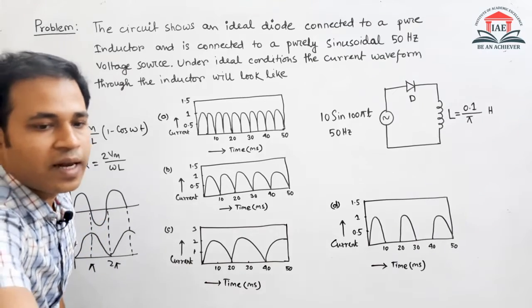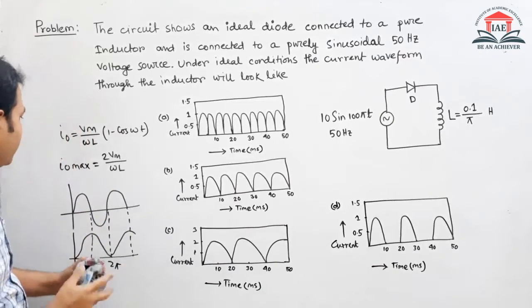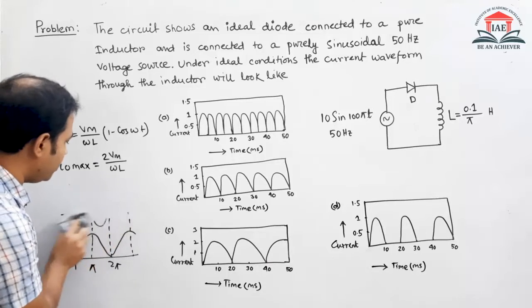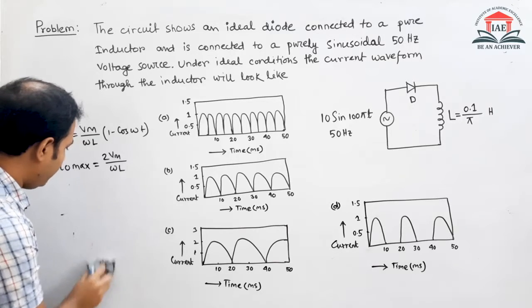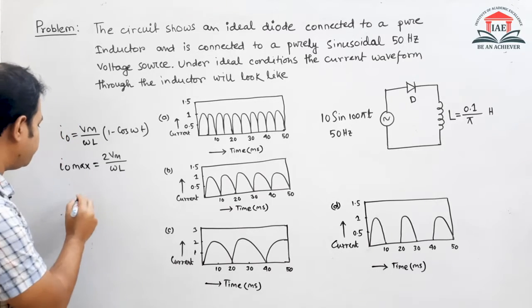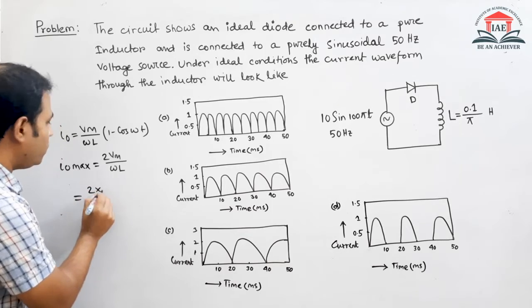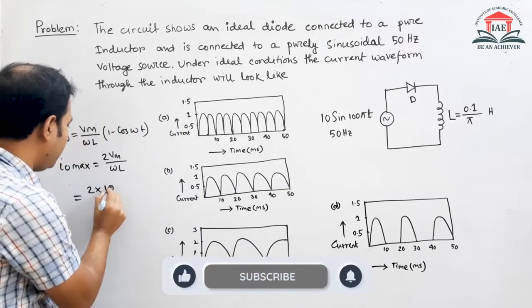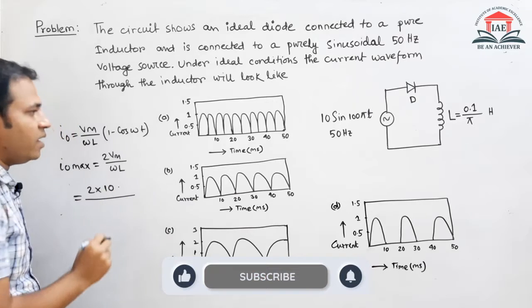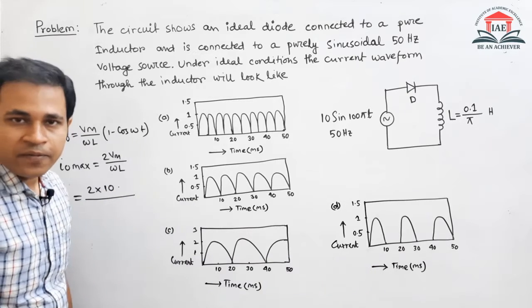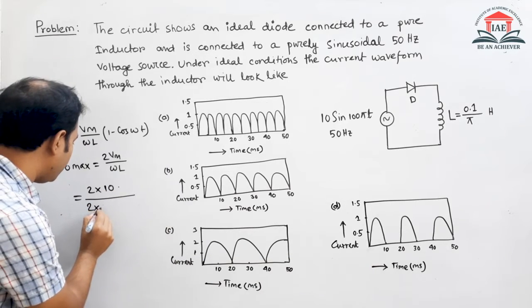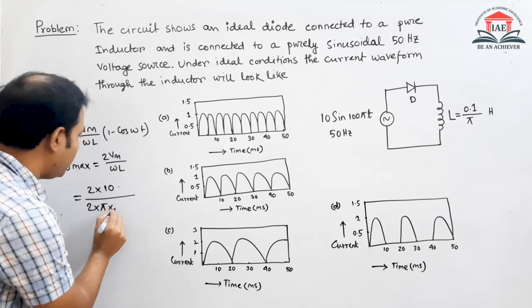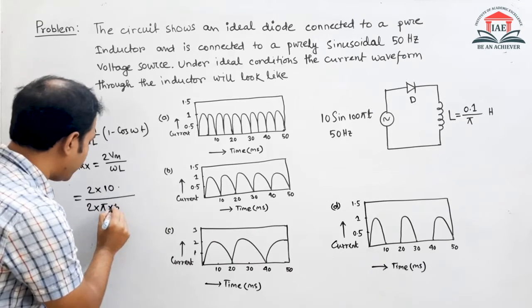So to calculate the maximum value, we will put all these values, where Vm is given as 10. So 2 into 10, divided by ω = 2πf, so it will be 2 into π into f, where f = 50 Hz is given.